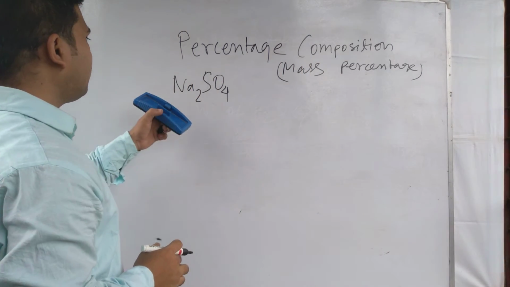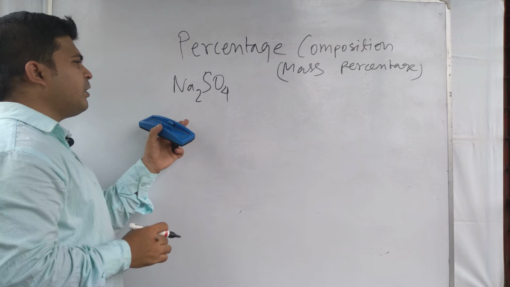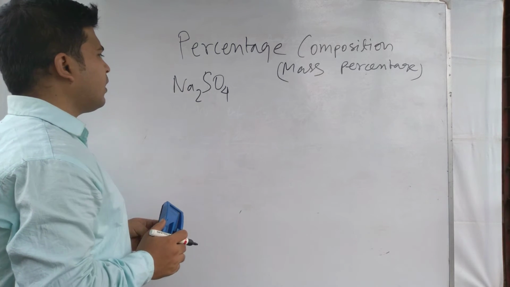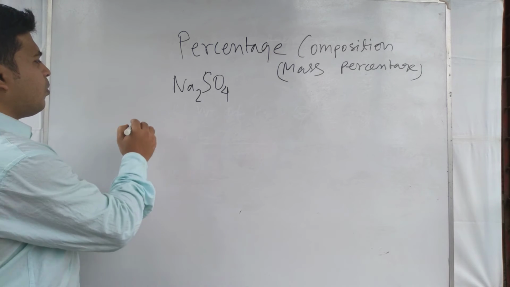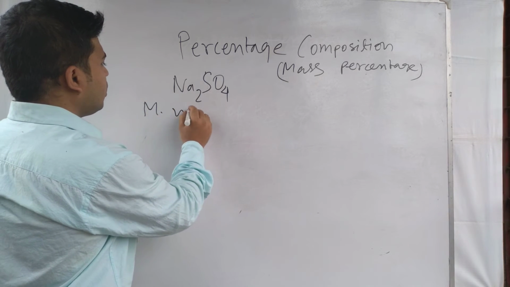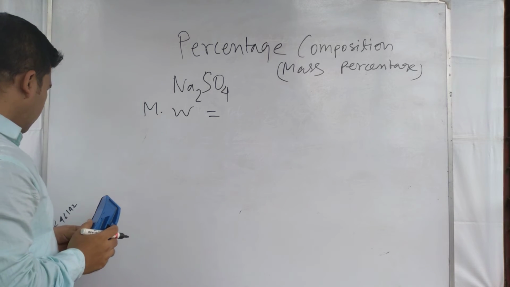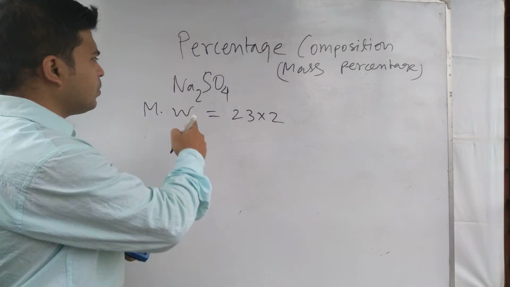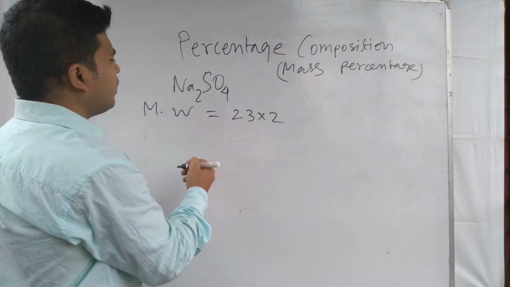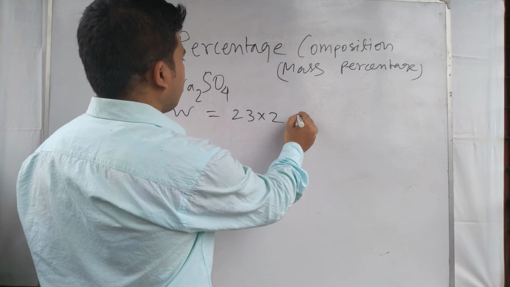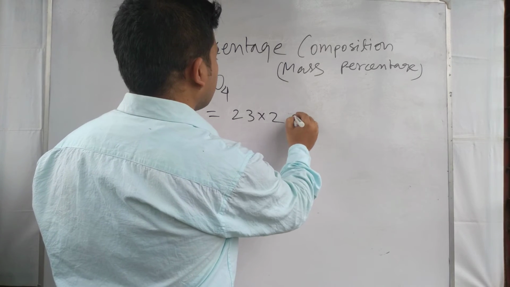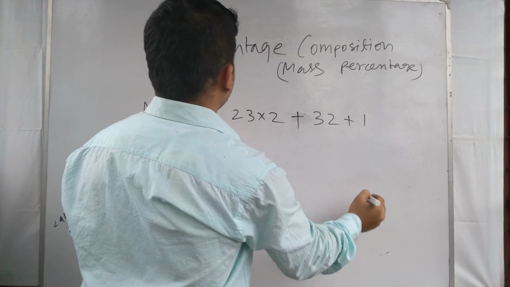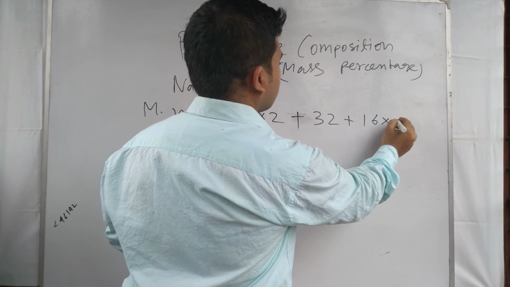Now the question is, you have to calculate each composition present in sodium sulfate. For this calculation, you have to calculate the molecular weight first. Its molecular weight is 23 into 2, because 23 is the atomic mass of sodium, plus sulfur is 32 gram and oxygen is 16 into 4.